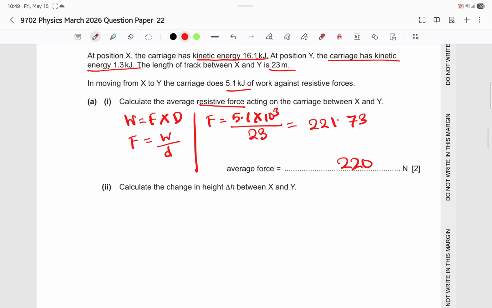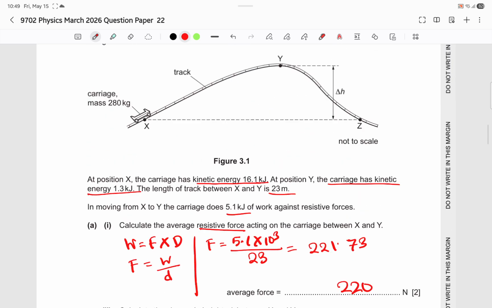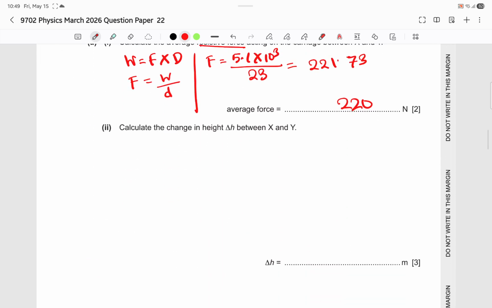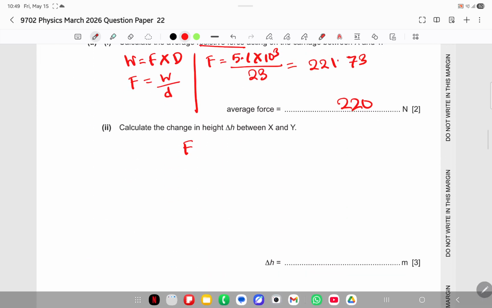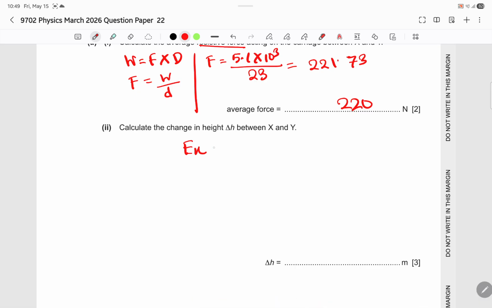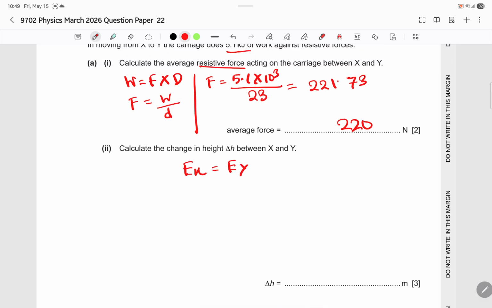We have to find the change in height. Using the law of conservation of energy, we can form an equation, so the energy at x should be equal to the energy at y.